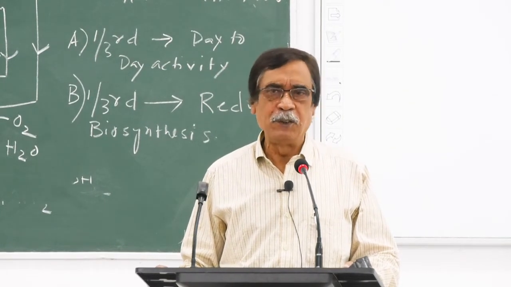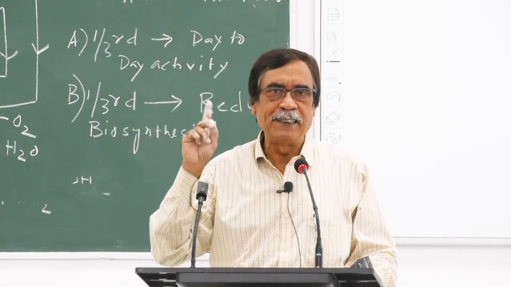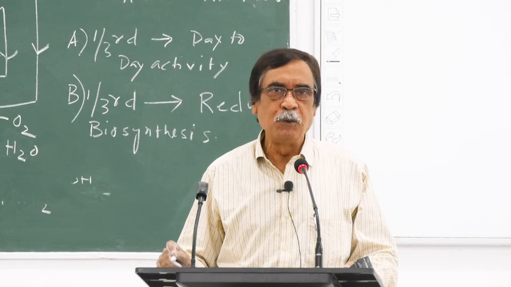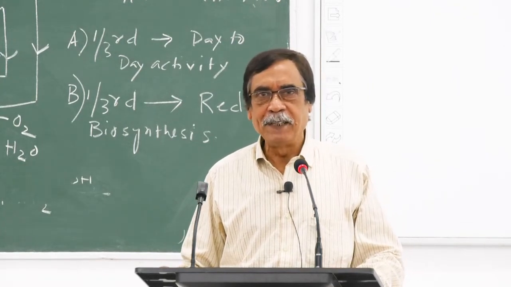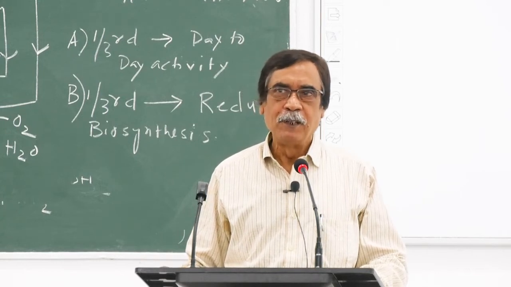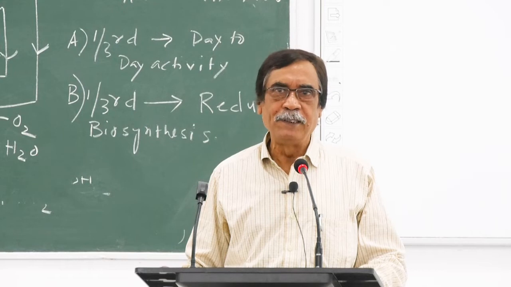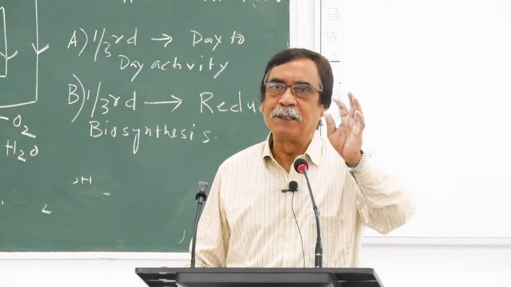All synthesis requires ATP. All synthesis of the biomolecules, whatever may be the nature of the biomolecules. It may be glucose, protein, DNA, fatty acid, cholesterol. Whatever may be the biomolecules, their formation requires ATP, and this is the 1/3 ATP consumption.